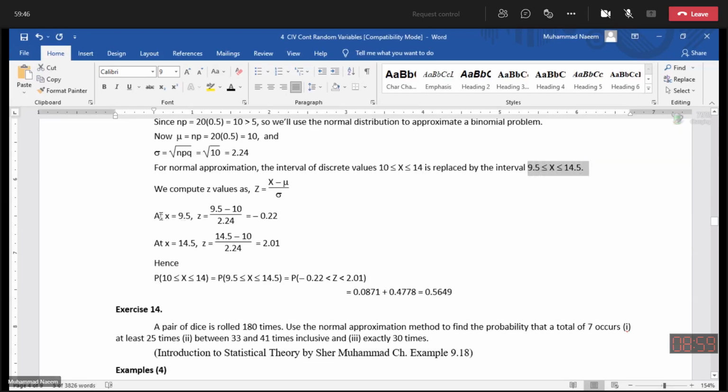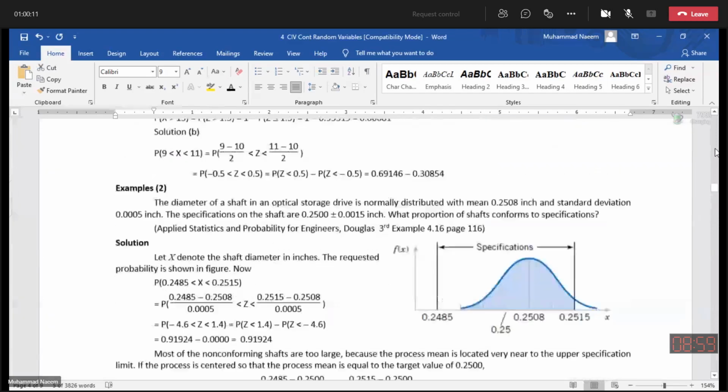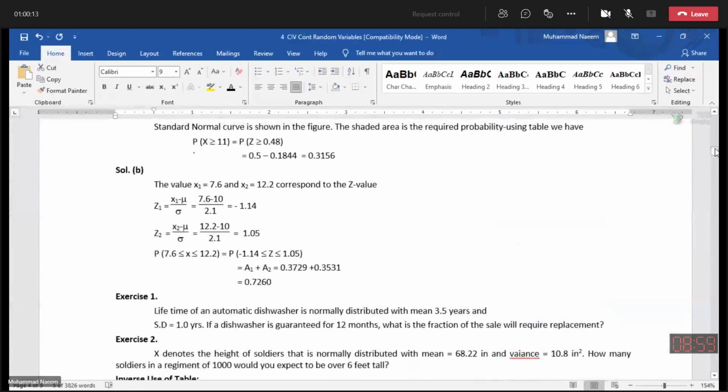So first of all, convert these points in terms of z. In terms of z, we have 2 points. One negative means that it is on the left hand side, and this positive point means that it is on the right hand side. So we need this probability. Again, we must draw the diagram. The diagram will be of this form.